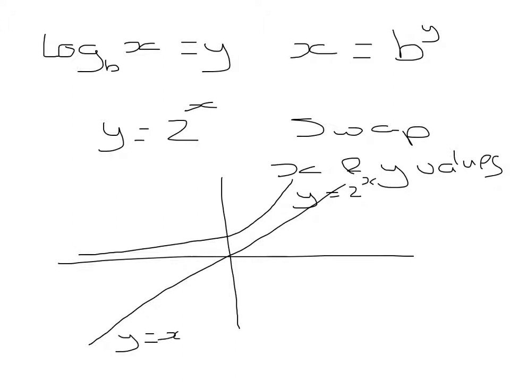So if we take that exponential graph and reflect it, we're going to get our log graph. And where this crosses at 1 on the y-axis, this is going to cross at 1 on the x-axis. So the cheat's way is to use your calculator, put it in index form, and then just swap the x and the y values over when you're plotting it.